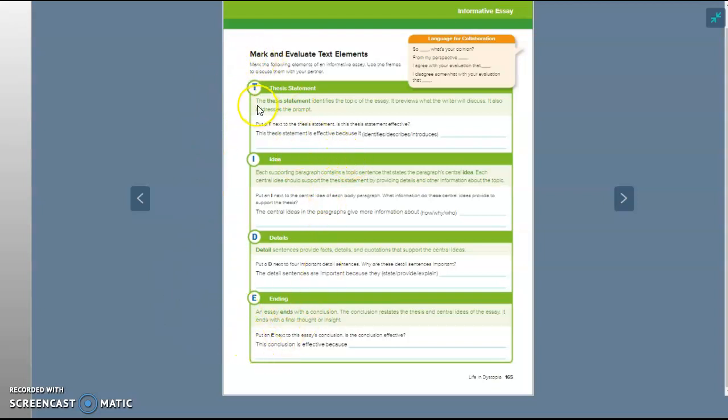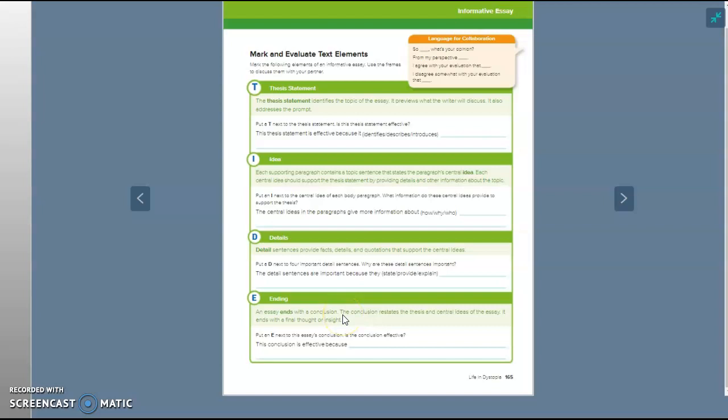First off, T stands for thesis statement. I stands for idea, D stands for the details that support your ideas, and E is the ending, or the conclusion. Okay, so TIDE. That's something kind of easy to remember: your thesis, your ideas, your details, and your ending.